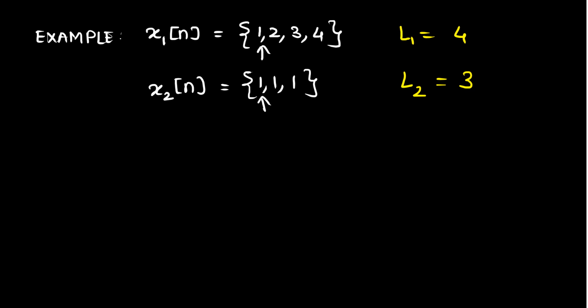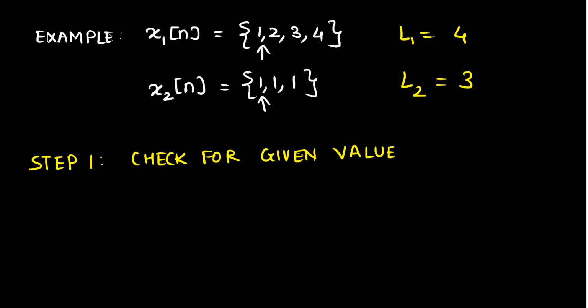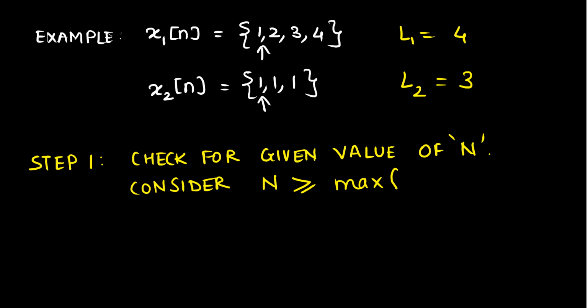Now we need to find the circular convolution, and for that we require the value of N. So the first step, that is step 1, is check for the given value of N. If the value of N is not given, then consider the value of N greater than or equal to the max of the lengths of the signals.